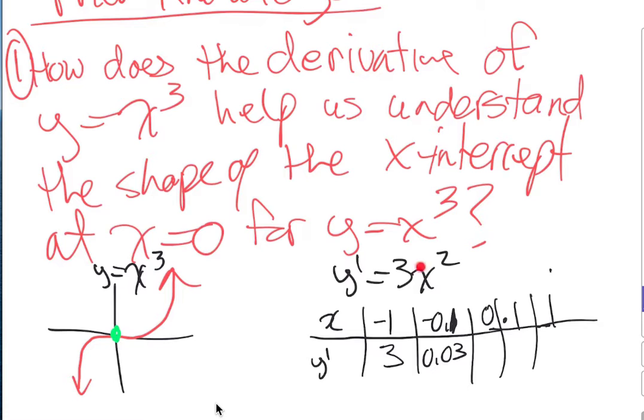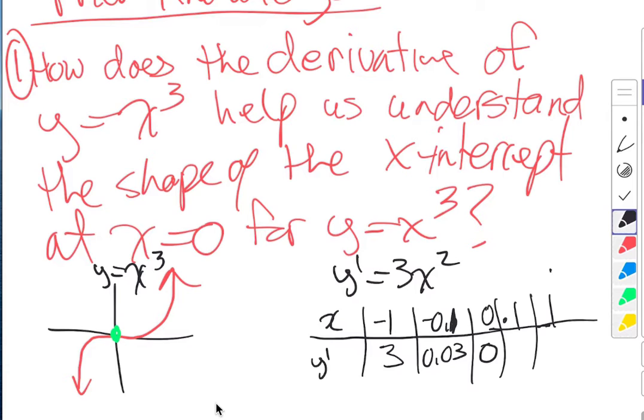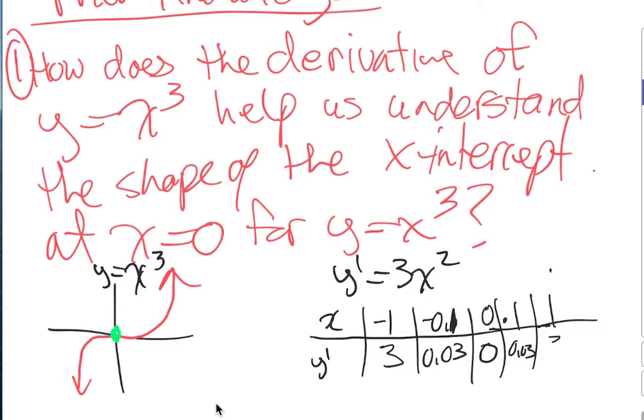If I sub 0 in there, 0 squared is 0. If I sub 0.1 in, that's going to be the same as negative 0.1, so 0.03. And then if I sub in 1, it's going to be 3 times 1 squared, which is 3.